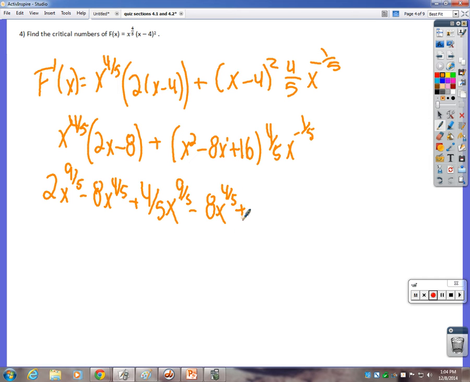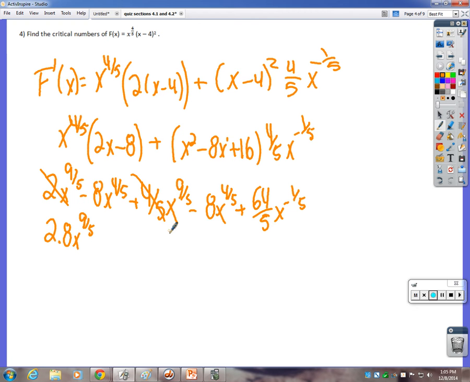And then this is going to be plus, I think I want to start to go decimals here, 64 over 5, x to the negative 1/5. How do you feel about that? Fantastic. Okay, so now we have some like terms that we can combine. And I'm going to go decimal here. So I've got x to the 9/5 and x to the 9/5. Two of these and 4/5 of those, so that's 2.8x to the 9/5.